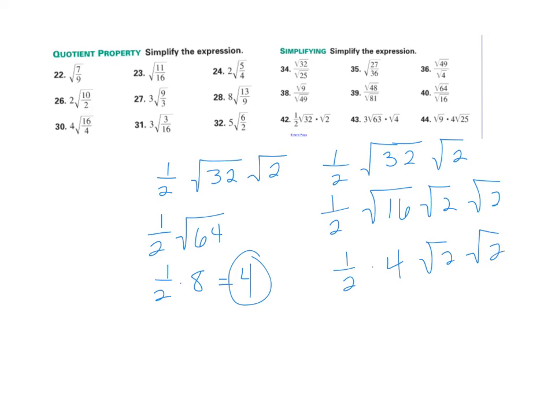Root 2 times root 2 is going to be root 4, so that's 1/2 times 4 root 4. Square root of 4 is 2. 1/2 times 4 times 2. 1/2 of 4 is 2. 2 times 2 equals 4. So just another way to do that one. And that completes the homework.